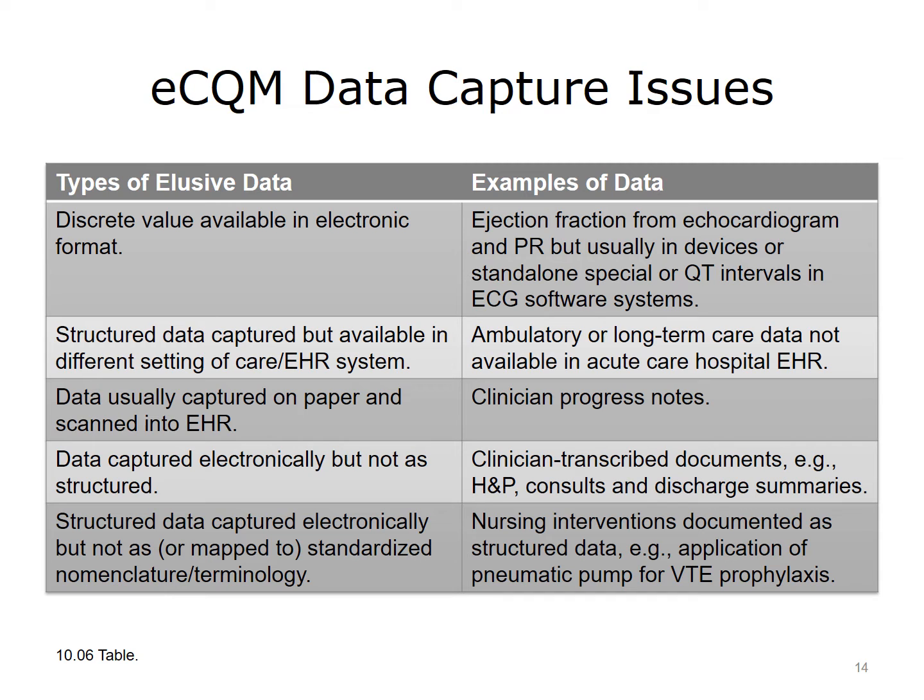Conversion of unstructured text into codified structured data using NLP, natural language processing, algorithms offers promise in the future, especially for historical data. Most current EHR implementations are designed to capture at least some of the key data elements as structured data. This slide lists some of the more difficult data capture scenarios.